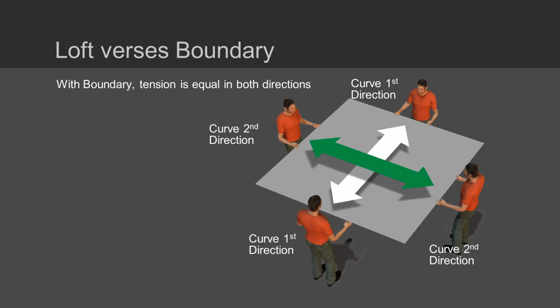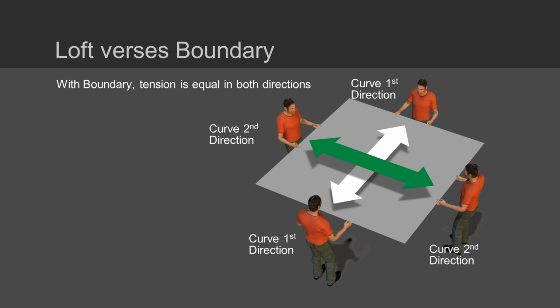If you compare that to the boundary, it has equal influence on all 4 sides. So there is no bias between first or second direction curve. They're equally weighted, if you will. And this makes it valuable in that you can probably create many more features with Boundary than you can Loft.